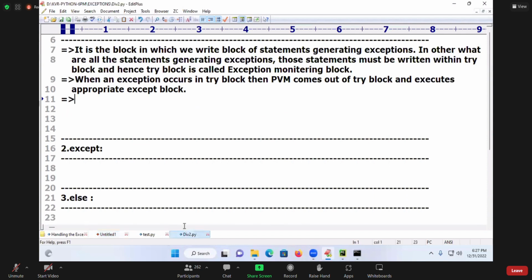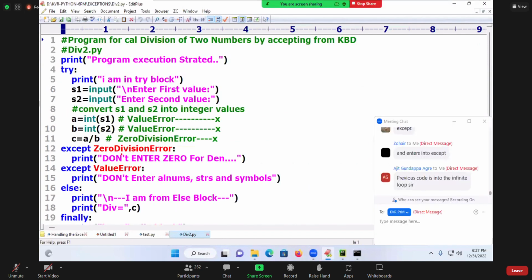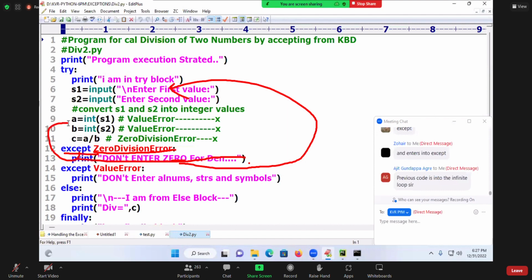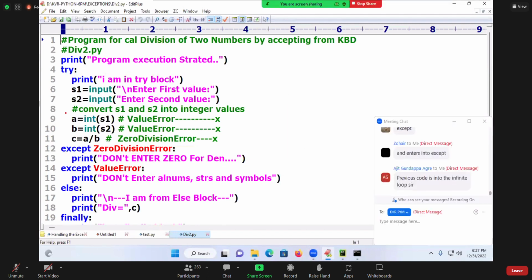You know one thing, students, after executing the appropriate except block, for example zero division error, it will not go once again to the place where the exception occurred.